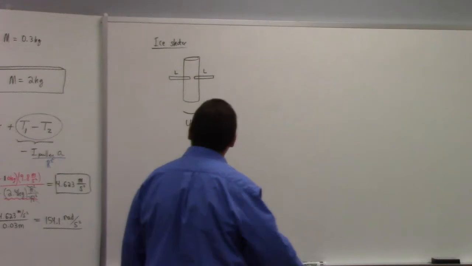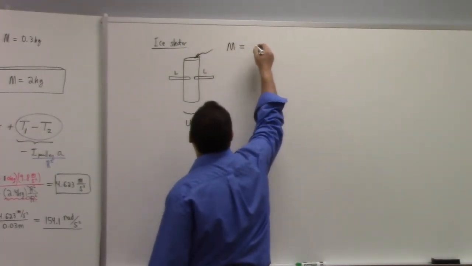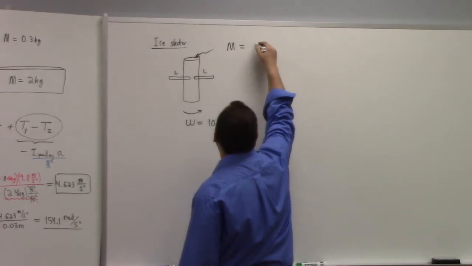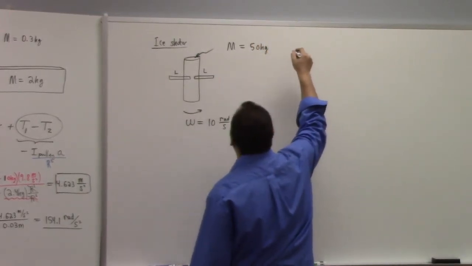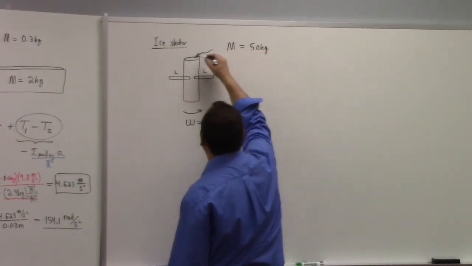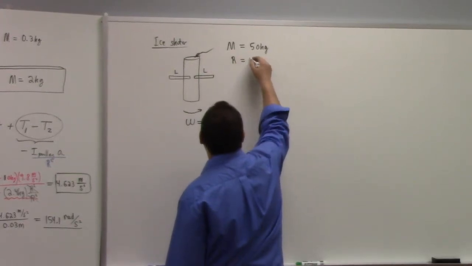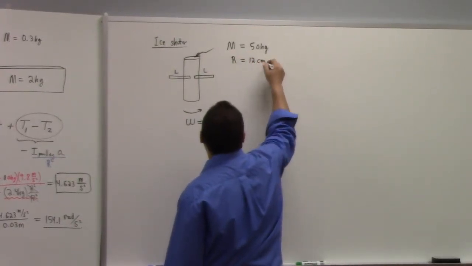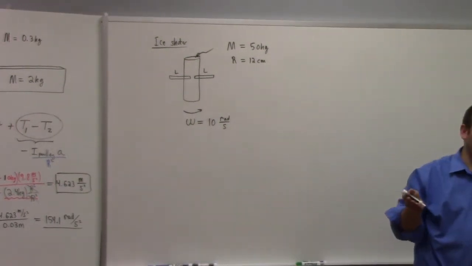Their mass is, they're an ice skater, so 50 kilograms. It's probably too much. Let's suppose the radius of their cylindrical body is 12 centimeters. And they're initially rotating at 10 radians per second.